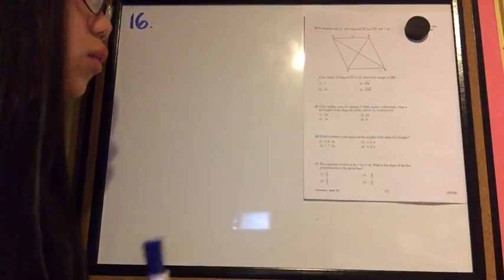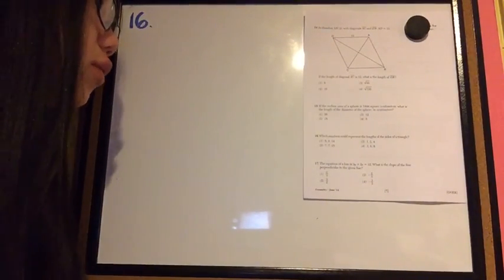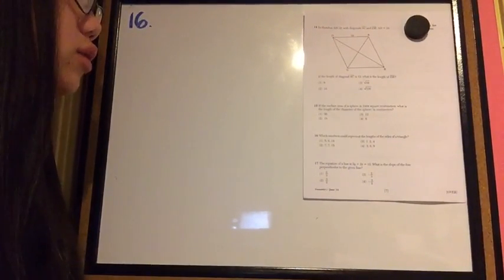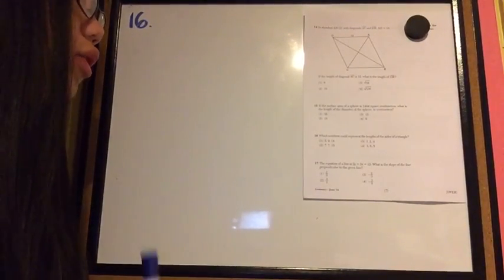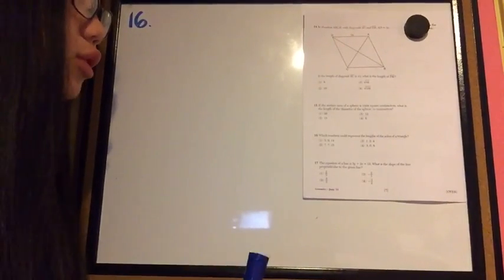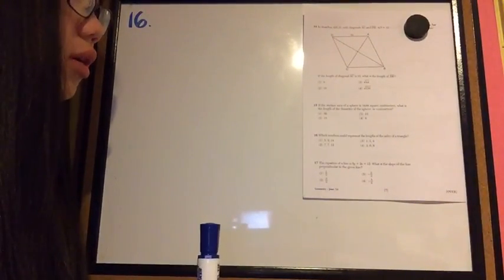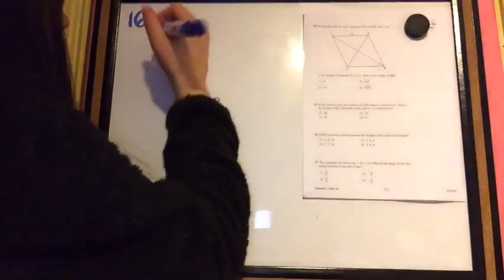16 is asking which numbers could represent the lengths of the sides of a triangle. Okay, so in order to be a triangle, the 2 smaller numbers must be less than or add up to the larger number. It cannot be over. So let's try that.